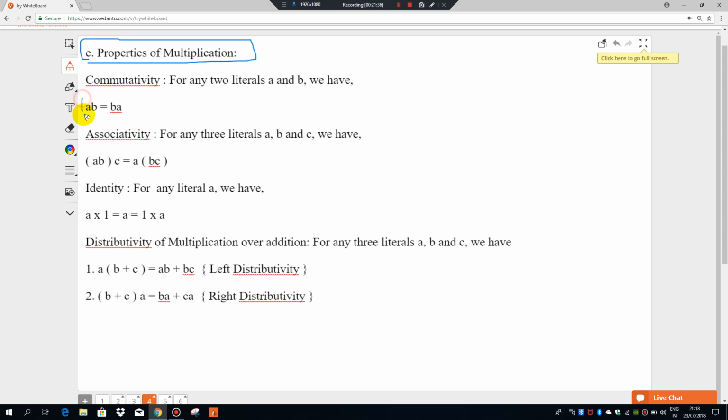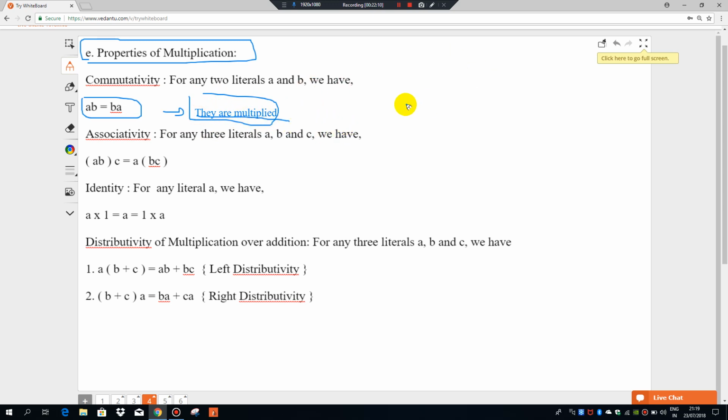See here also, there is no symbol between two literals. That means they are multiplied.